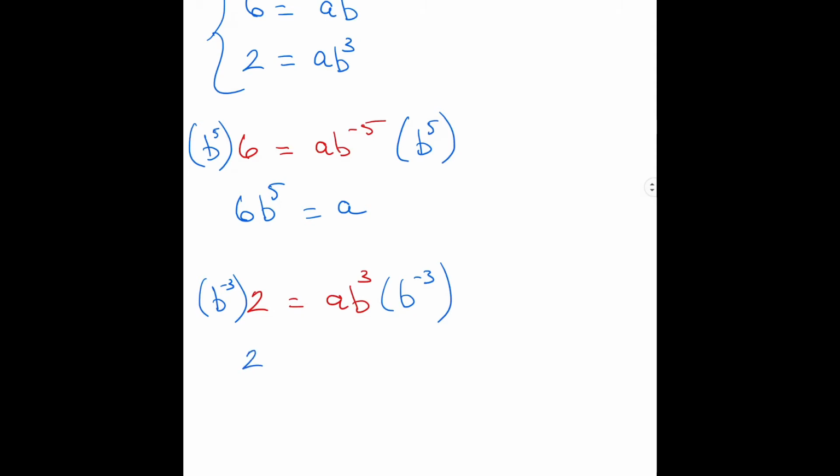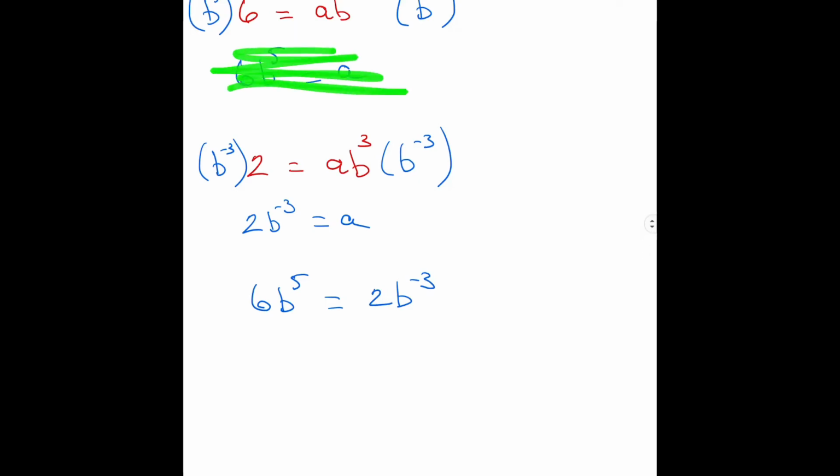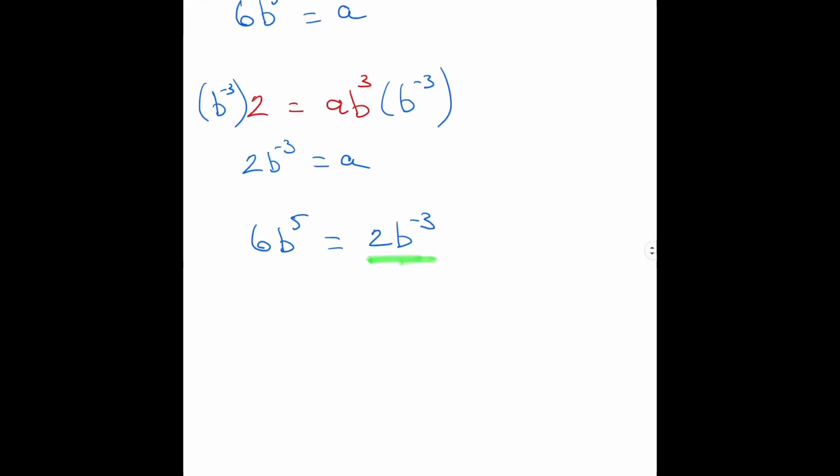So I've got 2b^(-3) = a. That means that 6b^5 = 2b^(-3). I took the top equation, a = 6b^5, and the bottom equation, 2b^(-3) = a, and set them equal to each other.